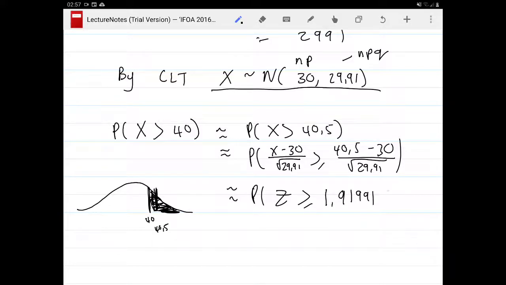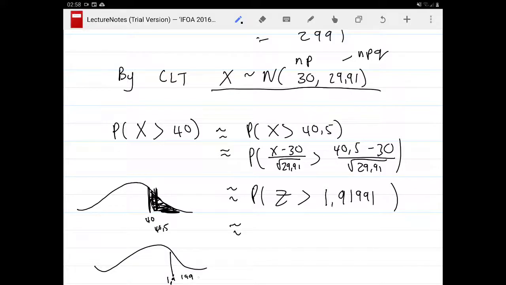Oh, sorry, I've realized I suddenly have an equals sign here. That shouldn't be there, but it doesn't matter in the normal case because it's a continuous distribution.